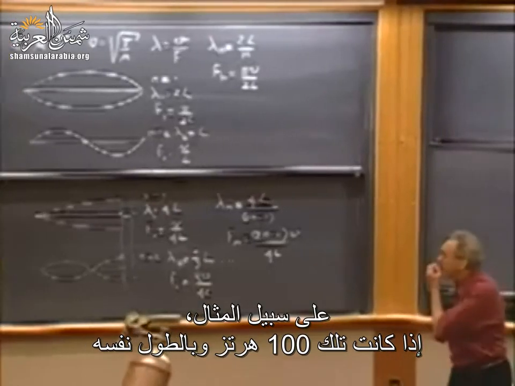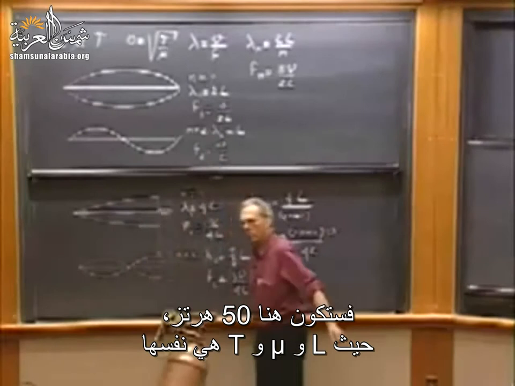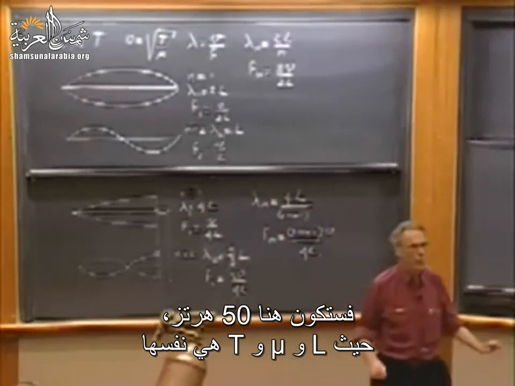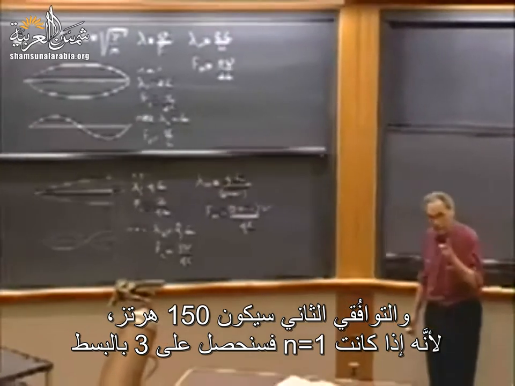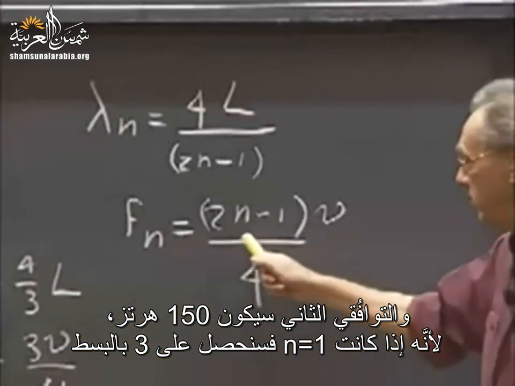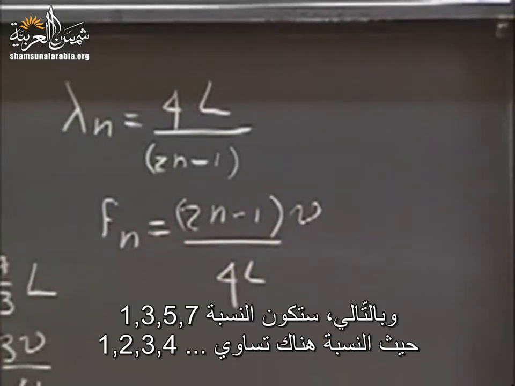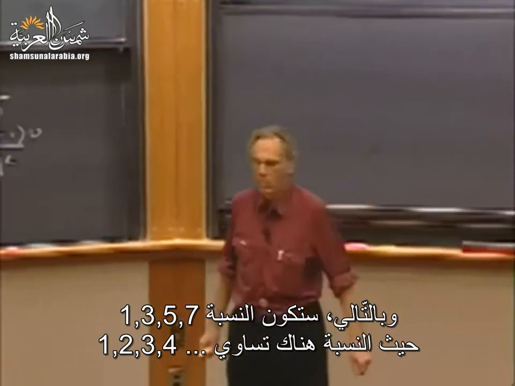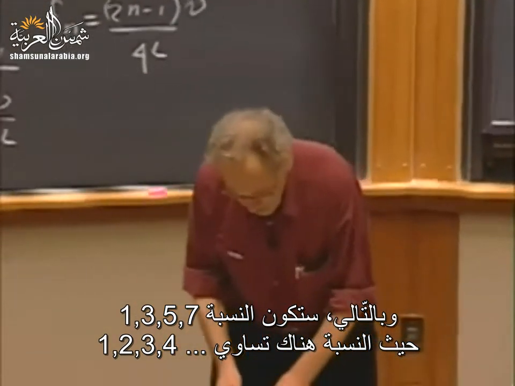So, for instance, if that were 100 Hertz, with the same length here, you would get 50 Hertz, if all other things are the same. And then the second harmonic would be 150 Hertz, because if n becomes 1, you get a 3 upstairs. If n becomes 2, you get a 5 upstairs. So now the ratio is 1, 3, 5, 7. Whereas there the ratio is 1, 2, 3, 4, etc.